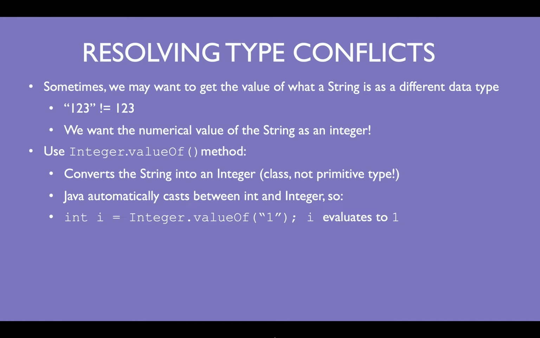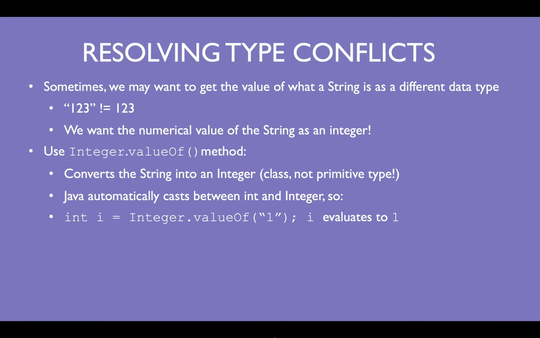So we can use the Integer.valueOf method. This converts the string into an integer. And note that Integer with a capital I is a class and not the primitive type int.